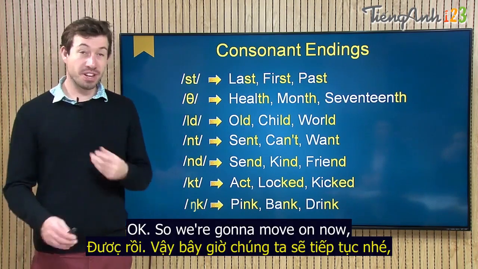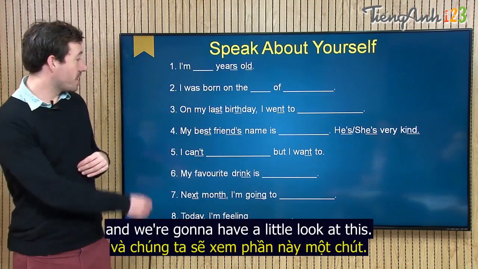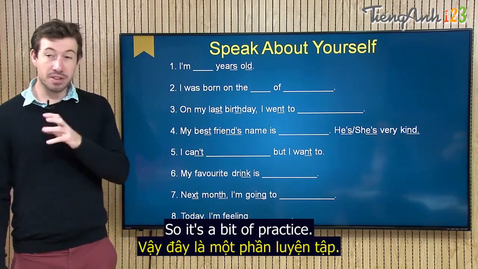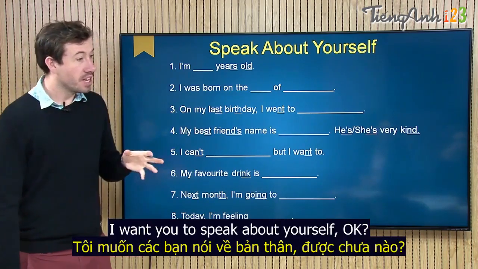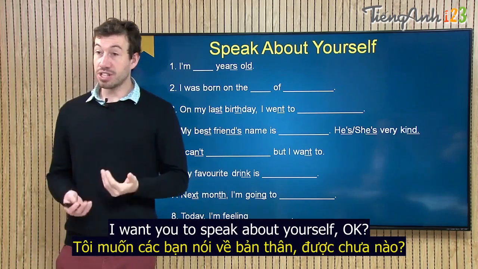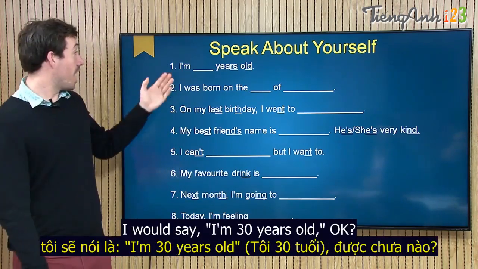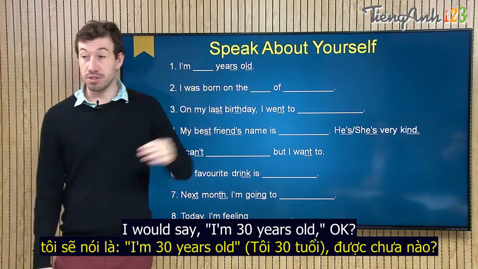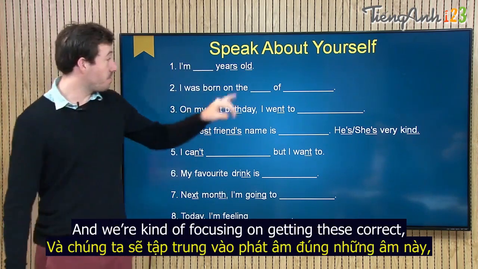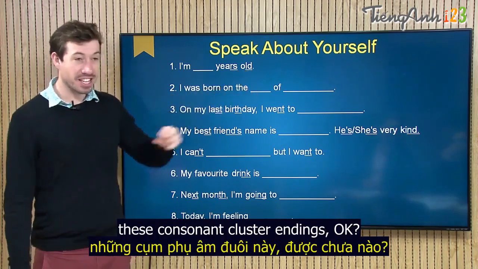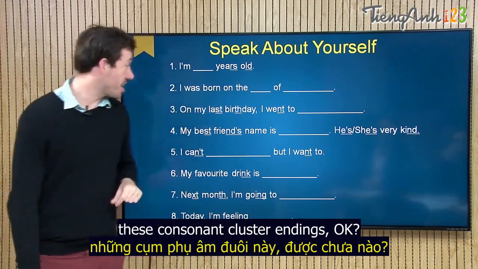Okay, so we're going to move on now, and we're going to have a little look at this. It's a bit of practice. I want you to speak about yourself. So, for example, if it was me, I would say, I'm 30 years old. And we're focusing on getting these consonant cluster endings correct.